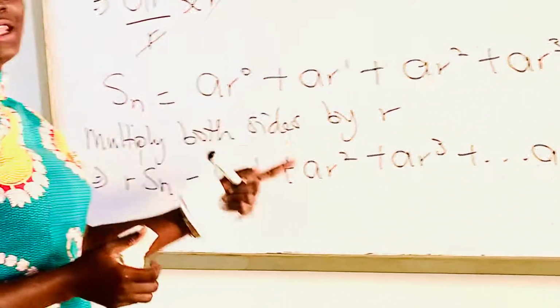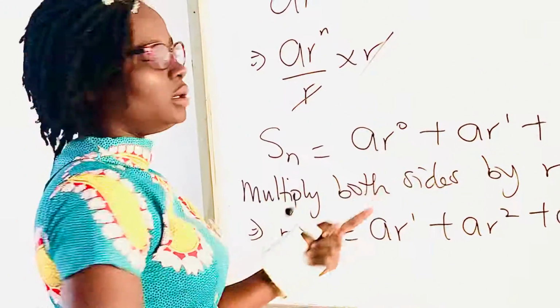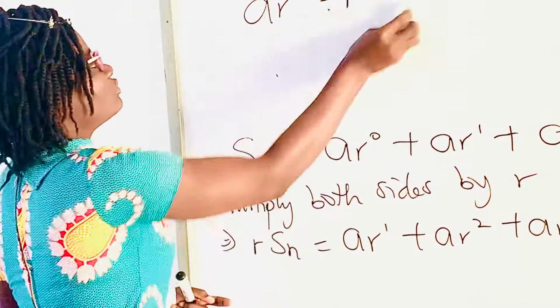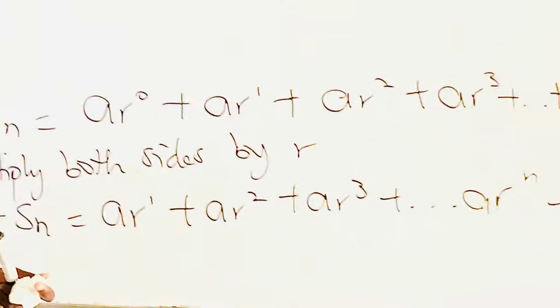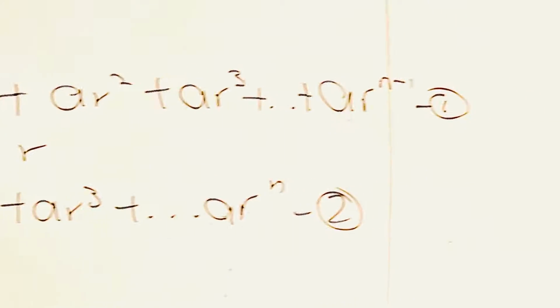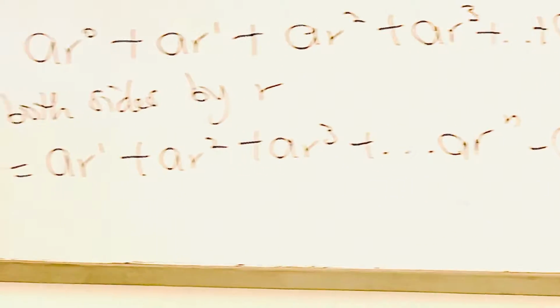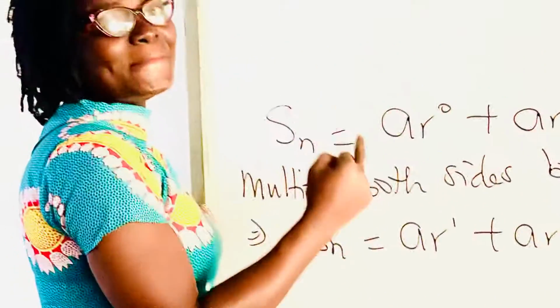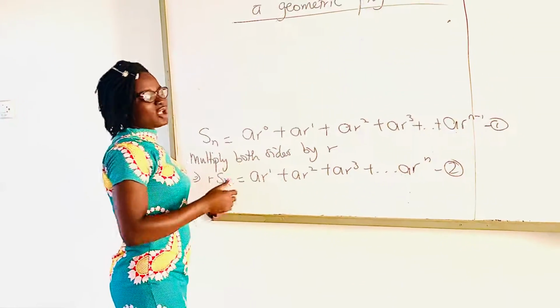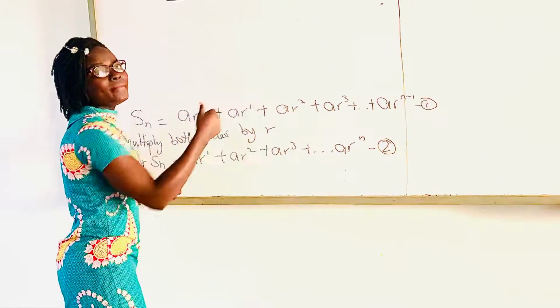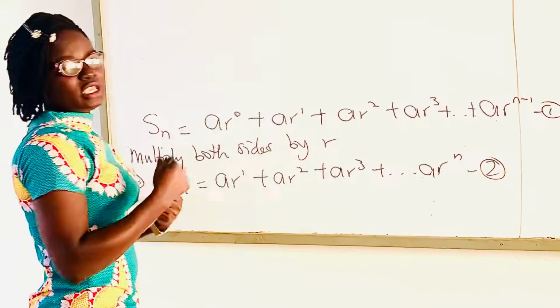So let's study the two equations very well. Looking at the two equations, we will first of all subtract equation 2 from equation 1, which is equation 1 minus equation 2.